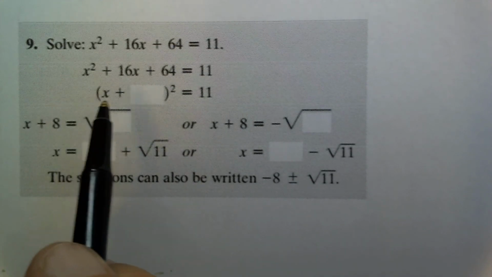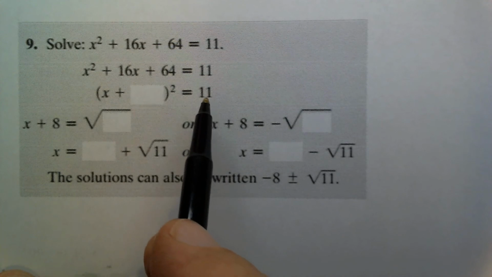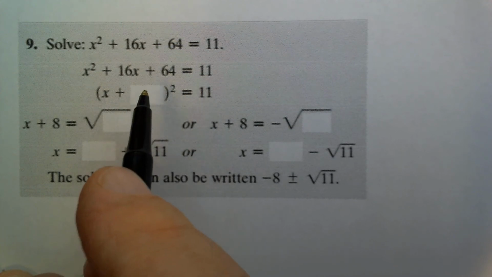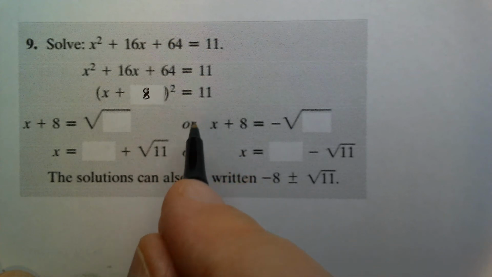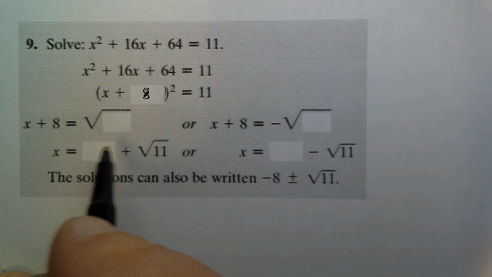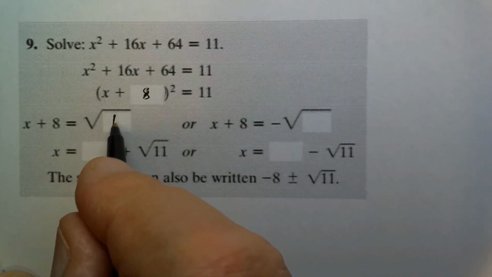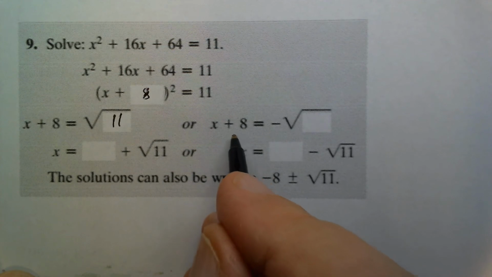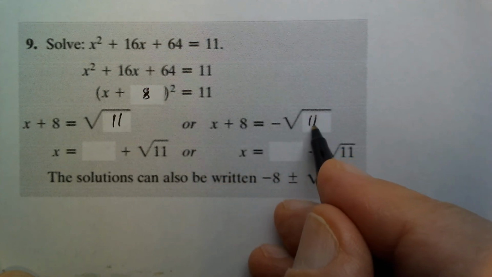For exercise number 9, we notice that x squared plus 16x plus 64 equals 11 can be written as (x plus 8) squared equals 11. So when we take the square root on both sides, we find x plus 8 equals the square root of 11, or x plus 8 equals minus the square root of 11.